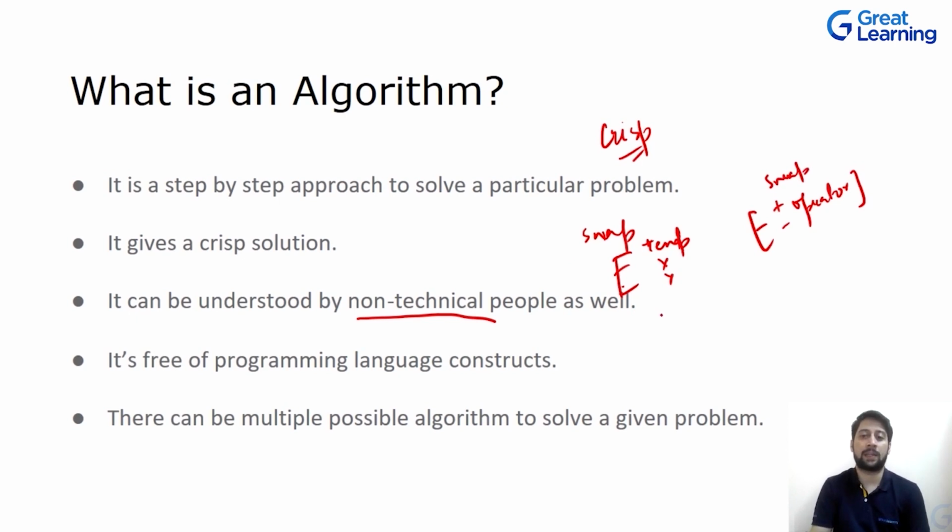Which one do you think is the efficient approach? Obviously, here you're using an extra variable and here you're not using any extra variable, so this seems to be a better approach. And obviously, it should be understood by a non-technical person. You should not be using language-dependent code. It should be language independent.